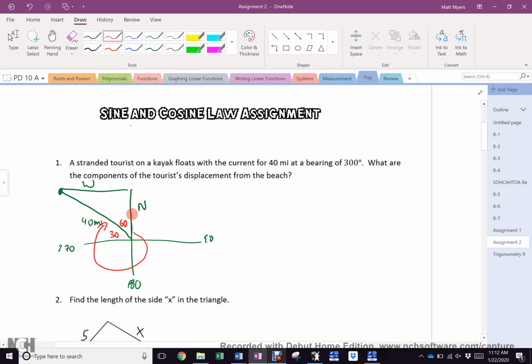So I have a 30, 60, 90 triangle, yes? This should be 2 in a 30, 60, 90. This would be root 3, and this would be 1. This is 20 times bigger, so I went 20 miles north and 20 root 3 miles west.